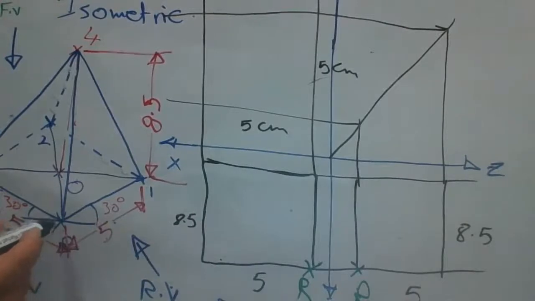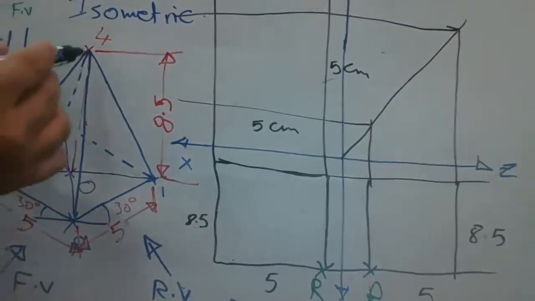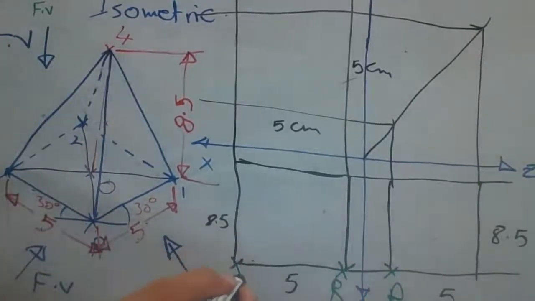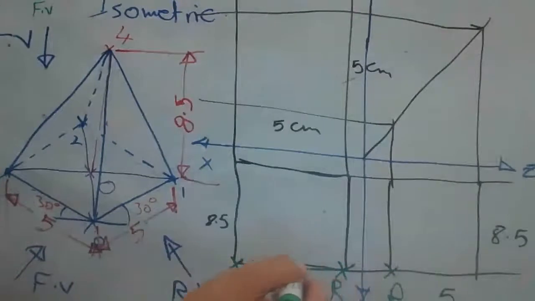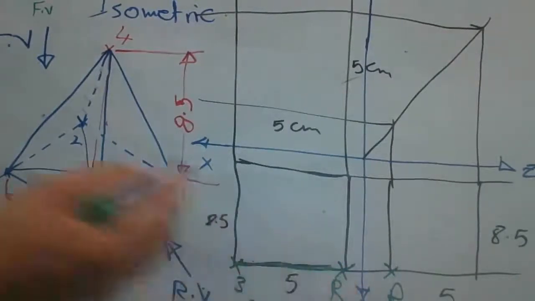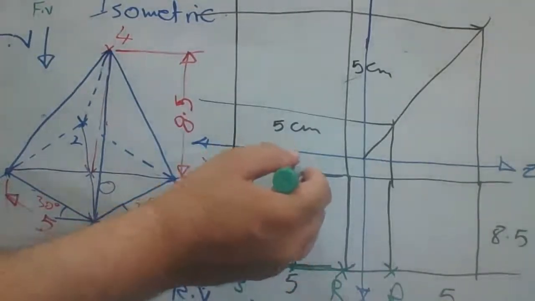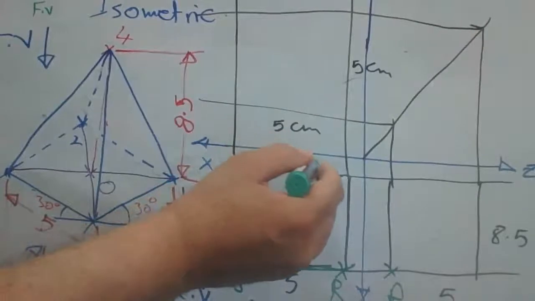This is R, 3, 4, like a triangle. 4 is lying at the midpoint of the line. We can jump up and determine 4 here.